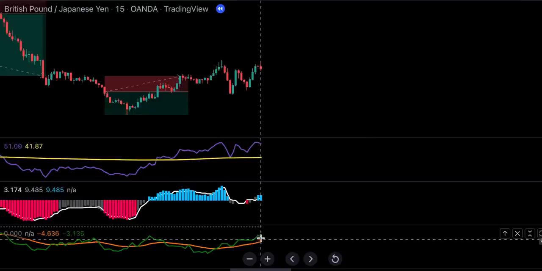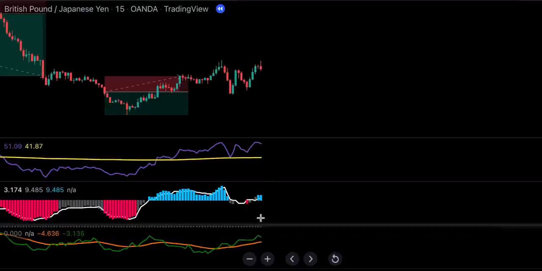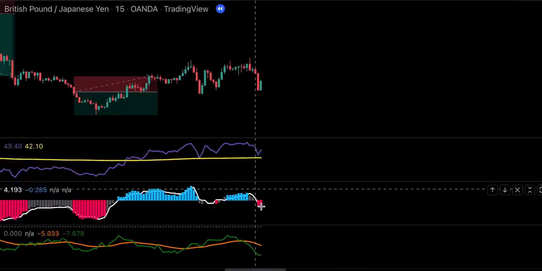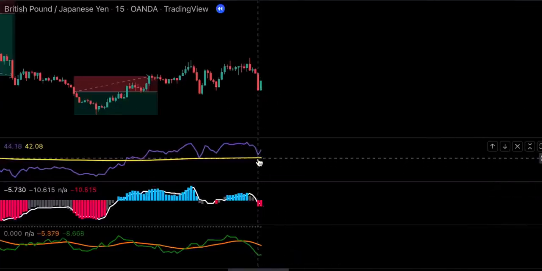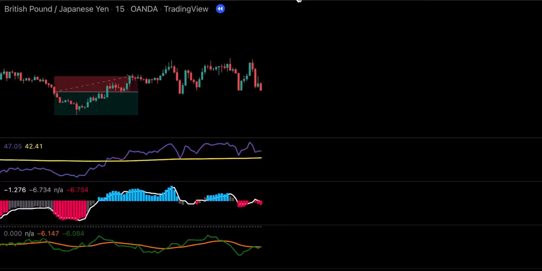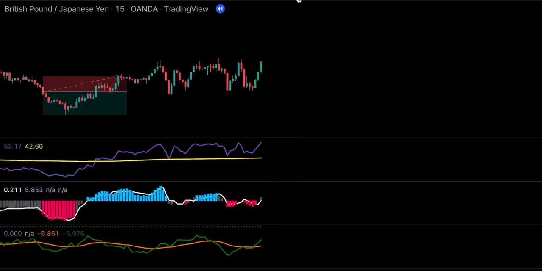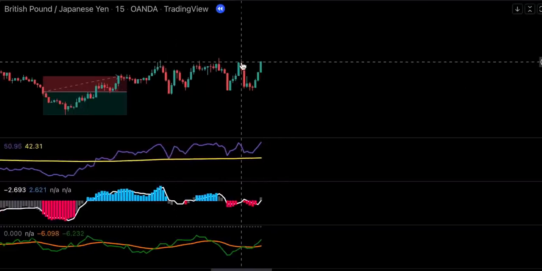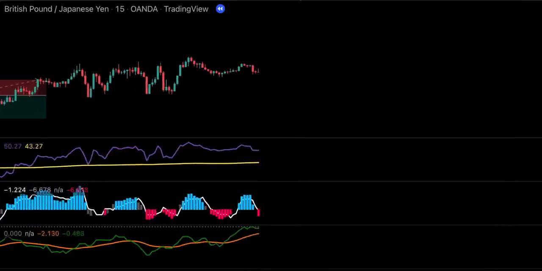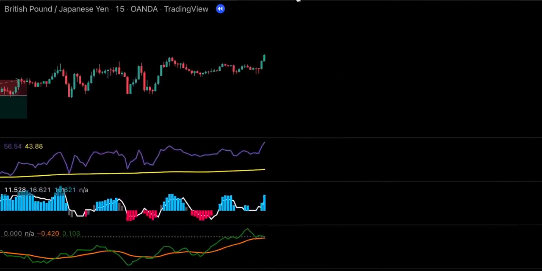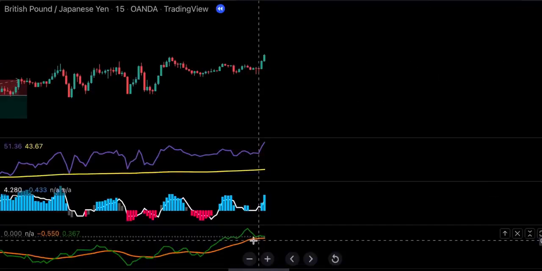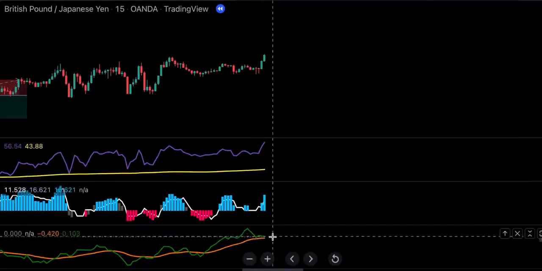We see both lines are sitting below the zero line. This short signal is not confirmed by the RSI indicator. Just take a look at how well our strategy is eliminating losses when the market is moving sideways. This long signal is not confirmed yet because we see the orange line is still being below the zero line.